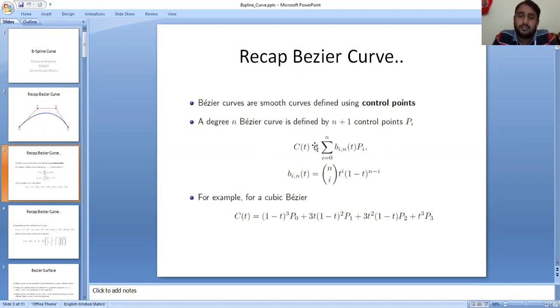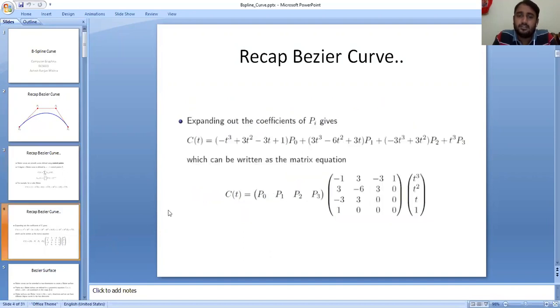When we expand this formula for a cubic Bezier curve, we get (1 minus t) cubed P0 plus 3t (1 minus t) squared P1 plus 3t squared (1 minus t) P2 plus t cubed P3.